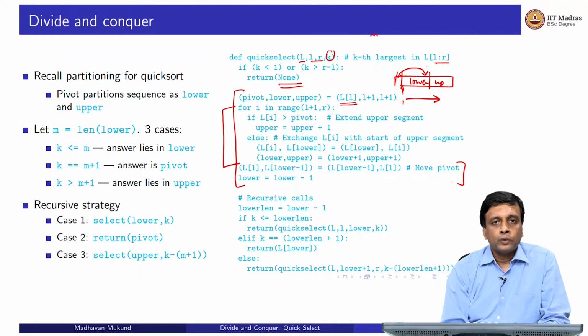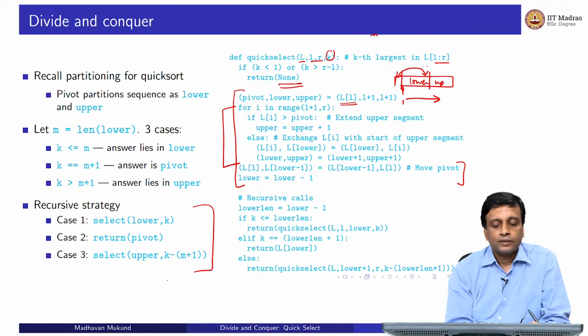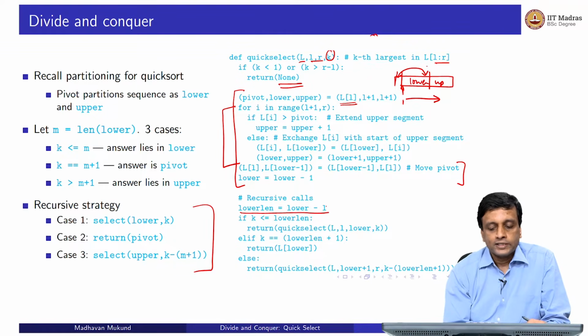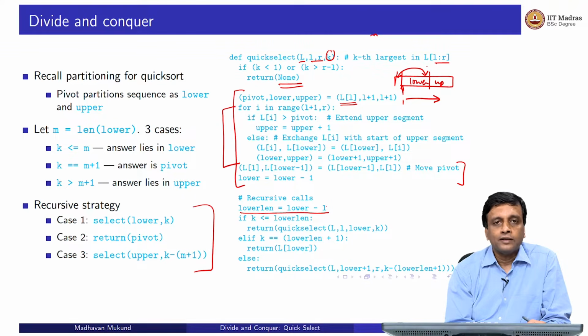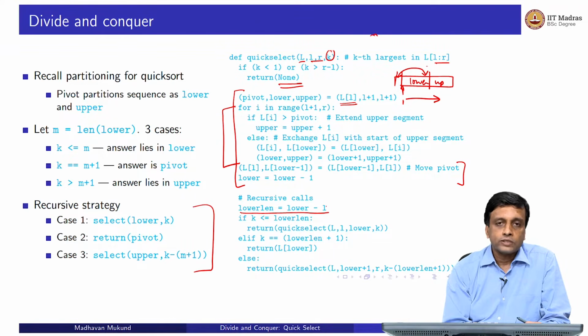So this is exactly the same partitioning strategy as quicksort, nothing new here. Now, unlike quicksort, where we examine both halves and sort them recursively, here we do this check, right. The first thing is we compute the length of the lower segment. The position lower is actually the first index outside that segment, so it's like saying that if it is n, then it's n minus 1.